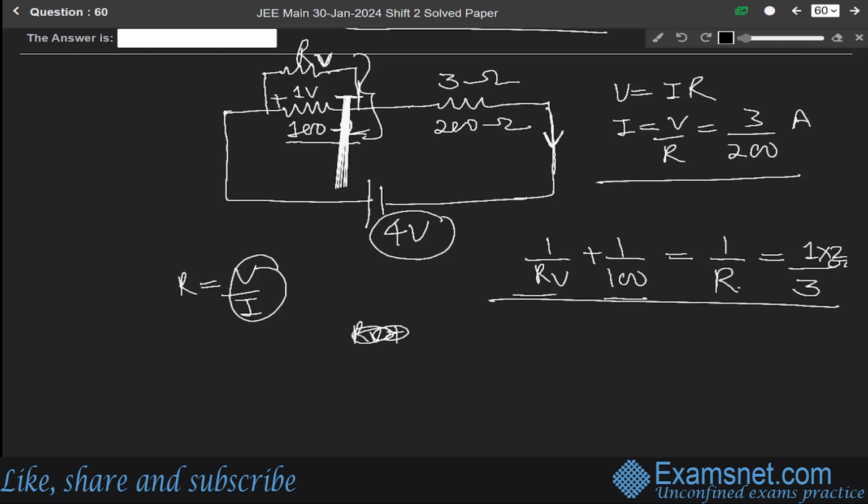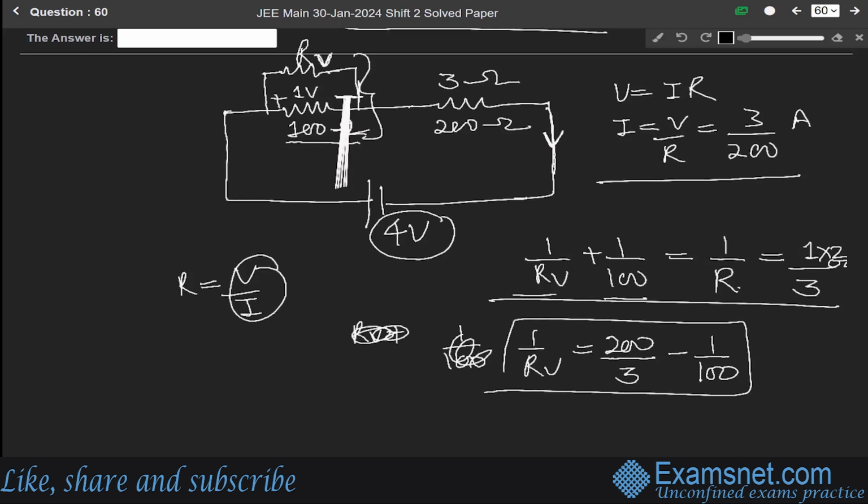Solving it like this, 1 over RV will be equal to 200 over 3 minus 1 over 100. Something is wrong.